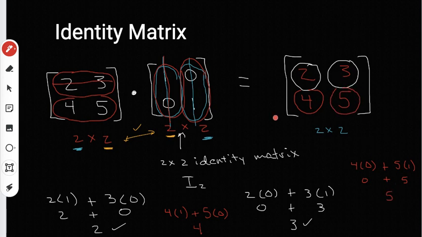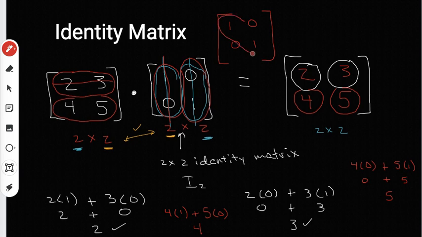So as you can tell, the identity matrix is pretty weird. It's always going to have a 1, 0 for the first row, and it's always going to have a 0, 1 for the bottom row. And what you'll notice about the identity matrix, and I'll rewrite it up here, 1, 0, 0, 1, is that this is a 2 by 2 identity matrix. And as such, it has 1s going down the diagonal.